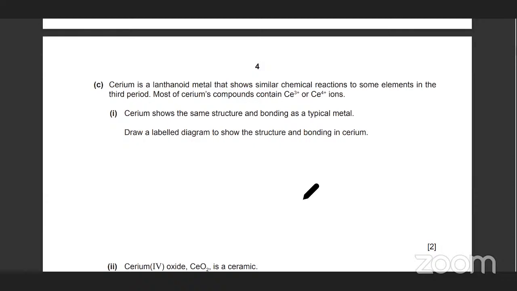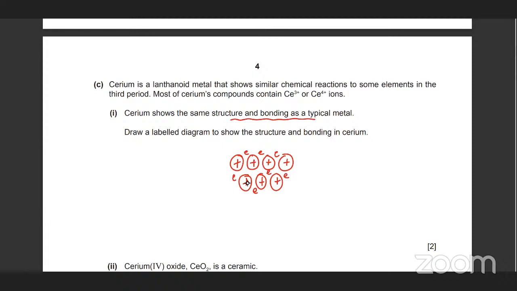Second question. There is cerium, and it's a metal. It says describe the structure and bonding in a typical metal and draw a labelled diagram to show the structure. So here you just show what you show in O levels. That's a bunch of positive ions. All metals like to lose electrons, in a sea of free moving electrons.